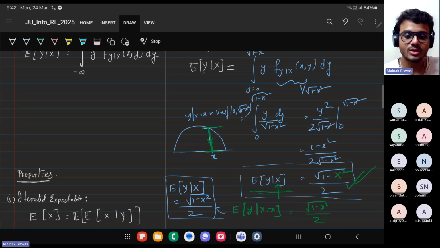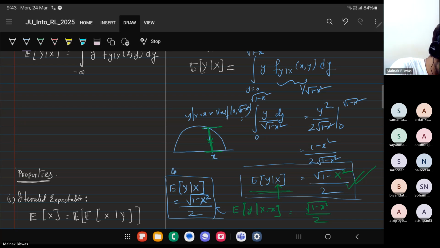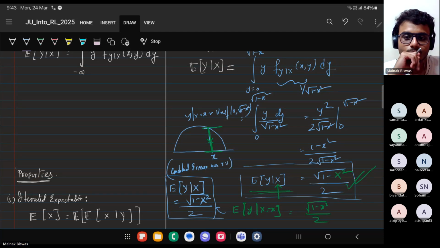The expected value again turns out to be a random variable, doesn't it? Because it depends on x. Yes or no? X is a random variable again. Conditional expectation is a random variable. Any questions? Is this fine? I can explain again.